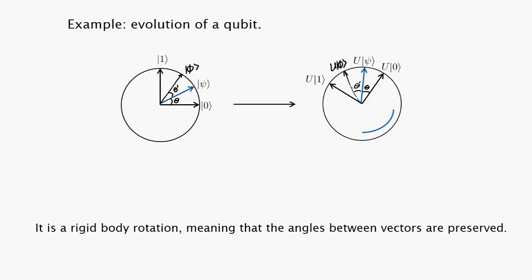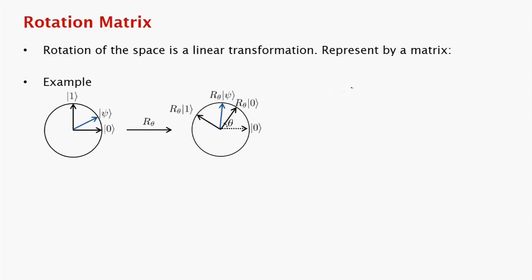Okay, so let's try to understand this a little more formally. Formally, the rotation of a space is given by a linear transformation, which we can represent as a matrix. So let's do an example in 2 dimensions. Let's say that we have our state vector in this 2-dimensional space with real coefficients.